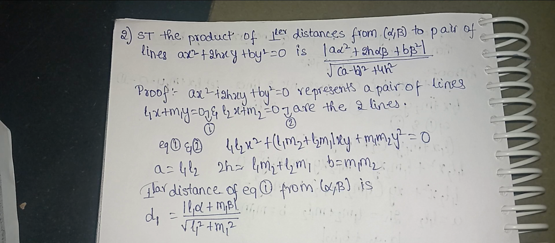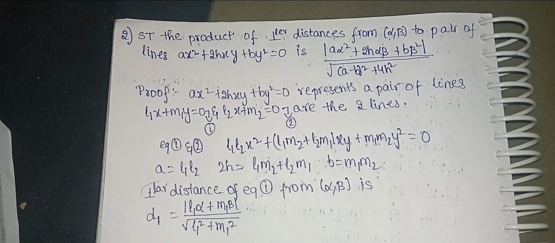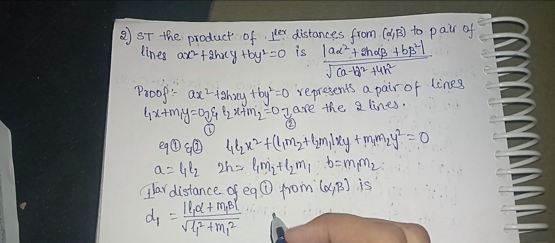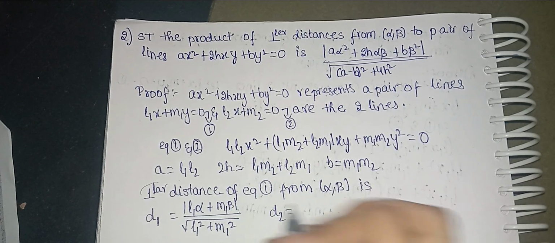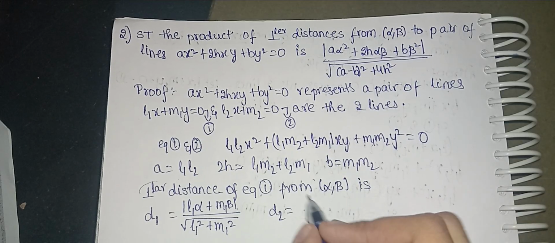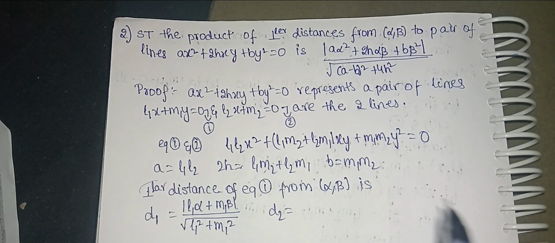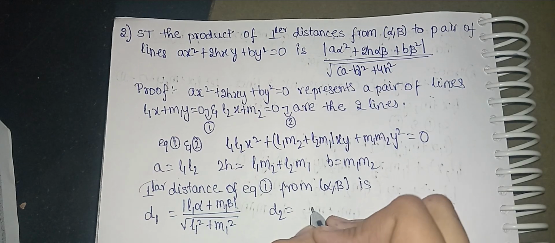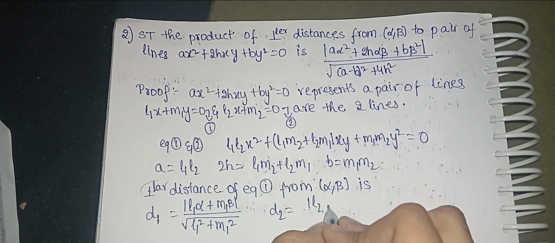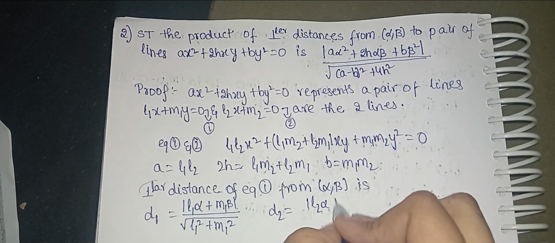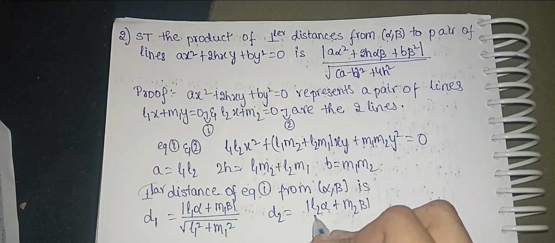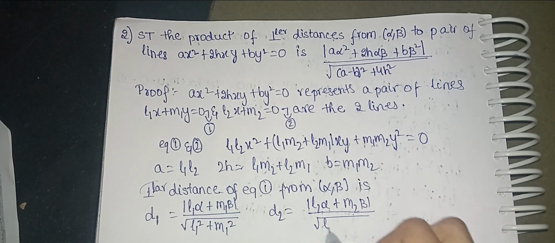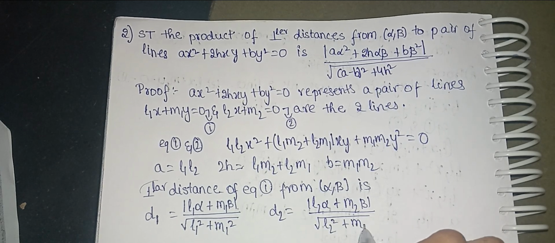Right? That's what we have applied over here. Now, similarly, the perpendicular distance of the second equation from alpha beta is mod L2 alpha plus M2 beta by root over L2 square plus M2 square.